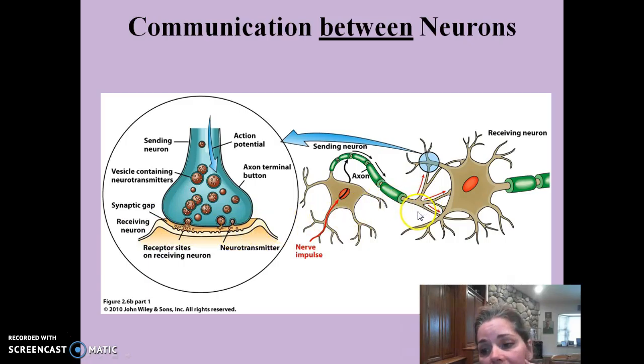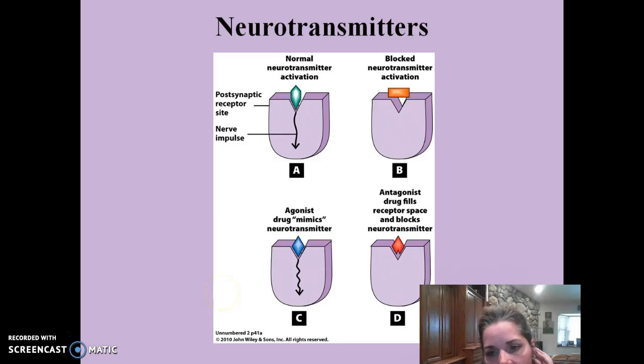Then the dendrite of the neighboring, receiving neuron has receptor sites along the dendritic branch, and those receptor sites are specially designed to pick up that neurotransmitter and essentially translate that chemical message into something our brain can now understand.